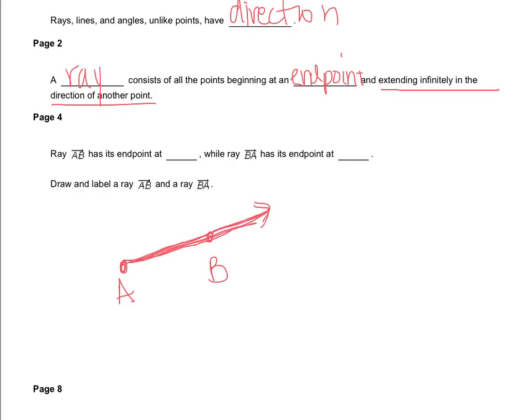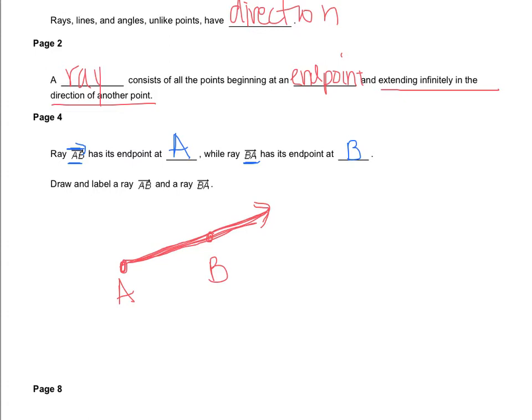All right, so it's important to note how it's labeled. So ray AB, pay attention to where this arrow is. It says that its endpoint is at A and then it goes through B. But BA has its endpoint at B, so it's the opposite.